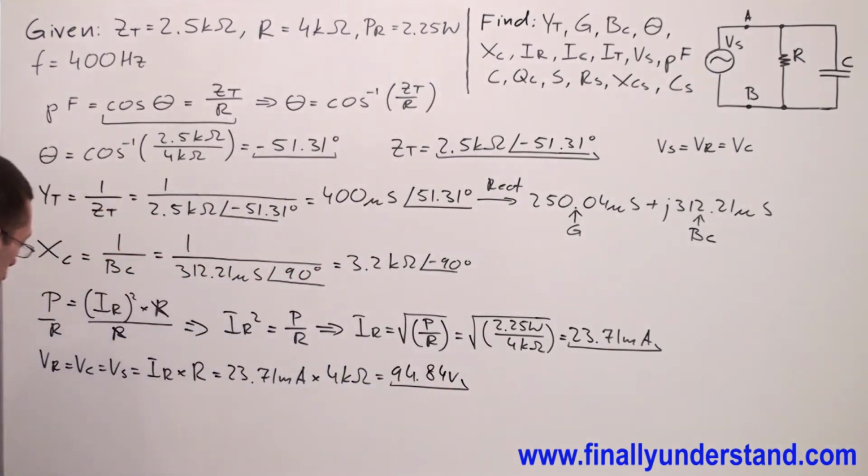So this is the voltage across each component. Now we can find the current which goes through the capacitor.